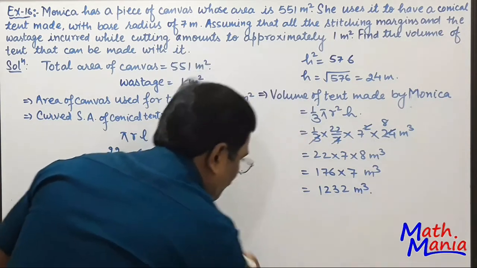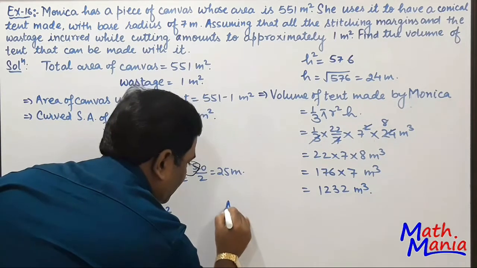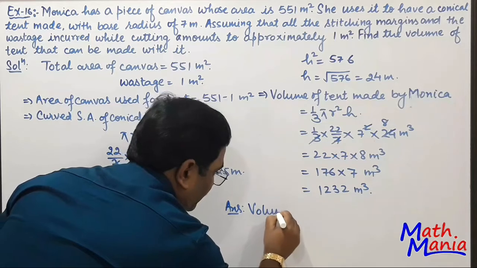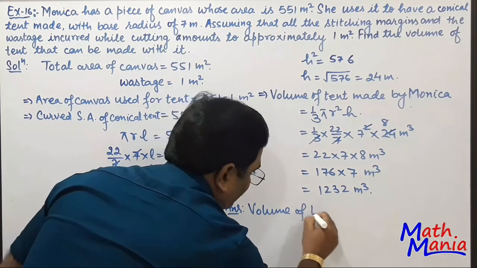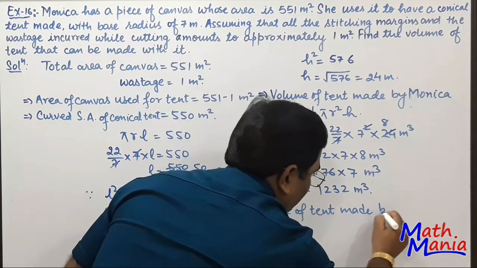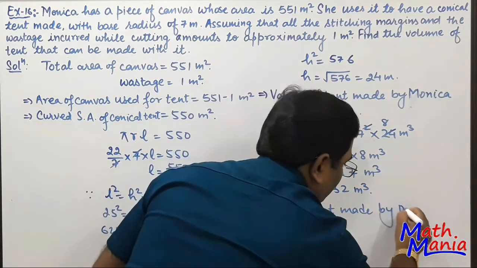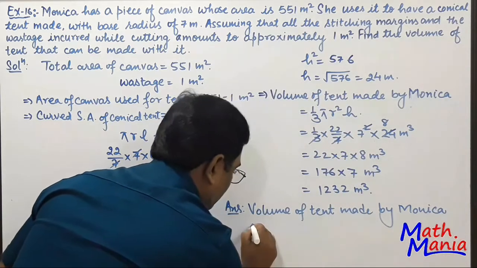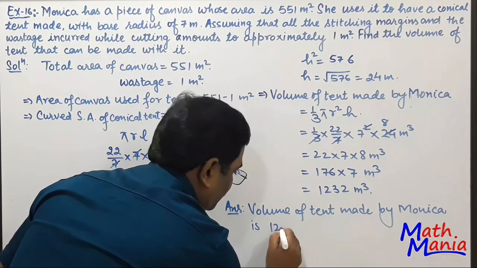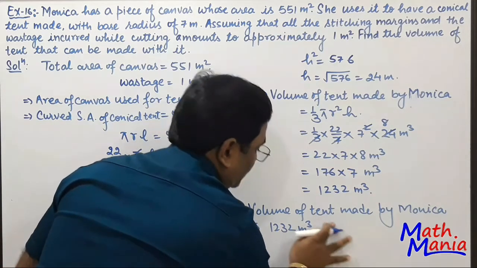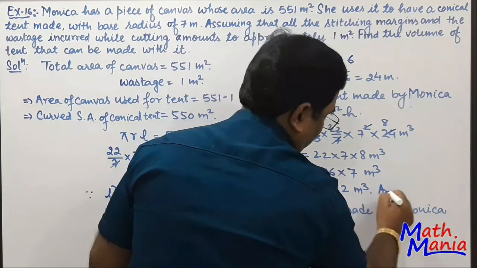Therefore, the volume of the tent made by Monica is 1232 meter cube, which is your required answer.